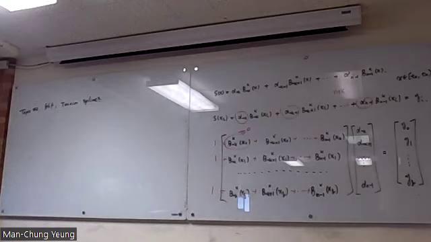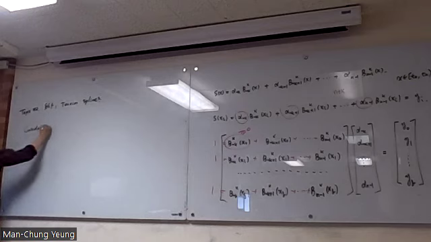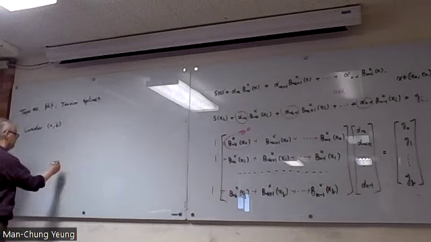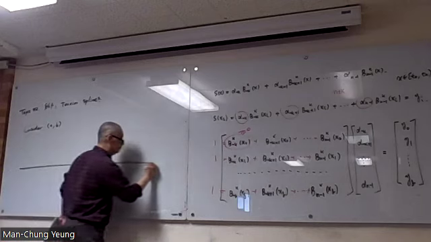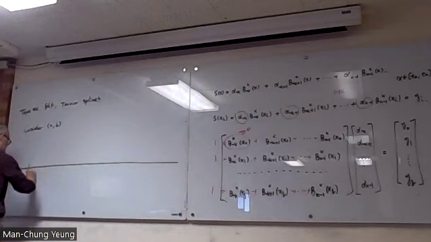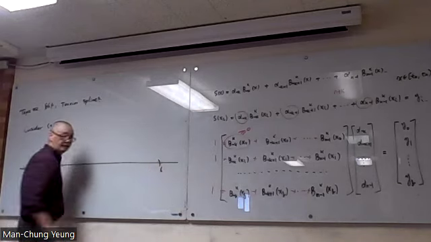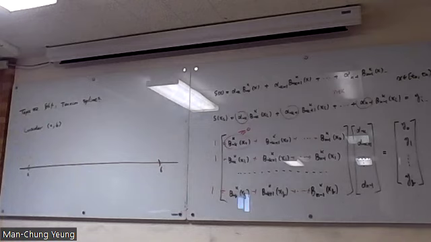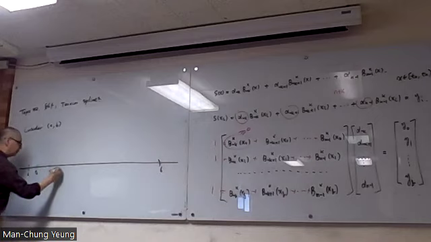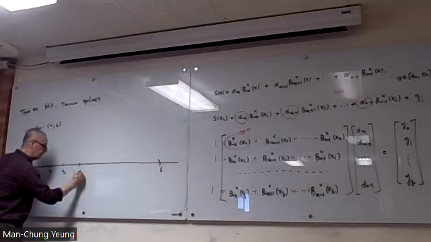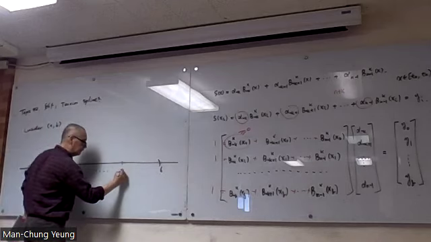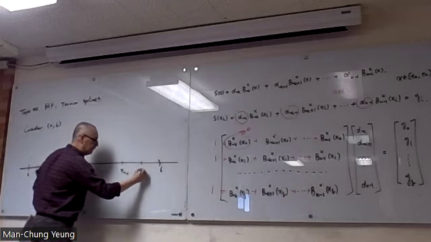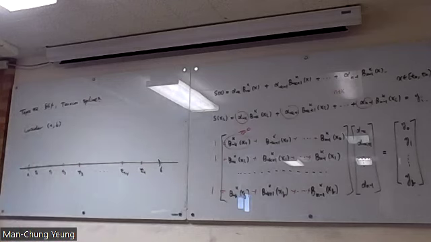Here, we also consider interval [a, b]. Functions are defined on this interval. Also, we cut the interval into sub-intervals: t_0, t_1, t_2, t_3, up to t_{n-1}, t_n.